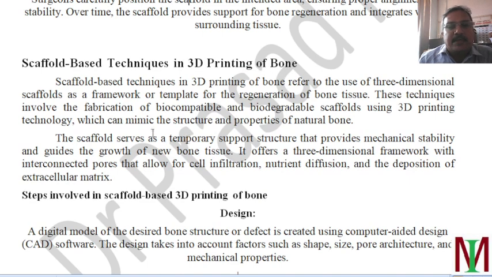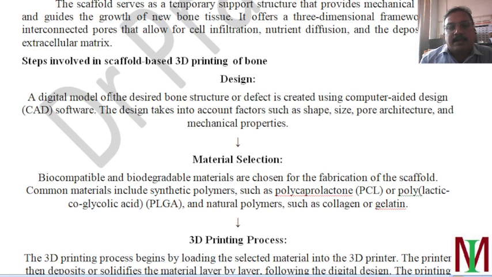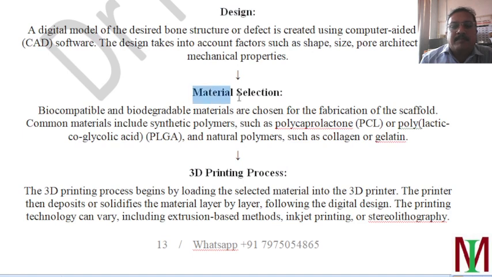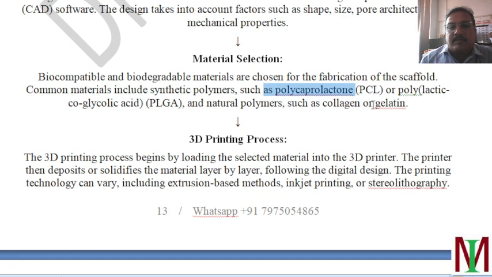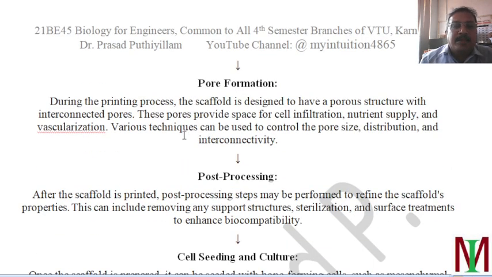In the scaffold based technique of 3D printing, the steps involved are taking or making the design. Materials are selected such as polycaprolactone, polylactic or glycolic acid, or collagen, gelatin, etc. The 3D printing process is done; the methods I mentioned here were already explained in the previous class.